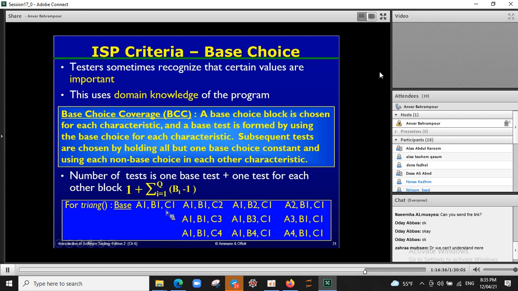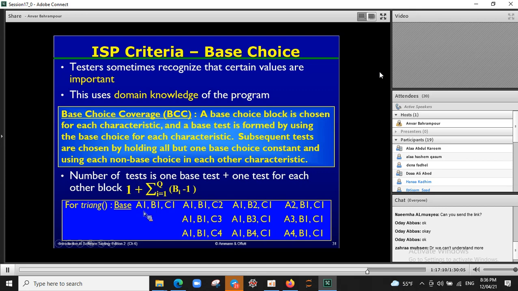All other characteristics are constant. A1 and C1 are the same as defined in our base test. And for the third characteristic, also we have 3 extra choices, and according to these choices we define 3 extra tests.